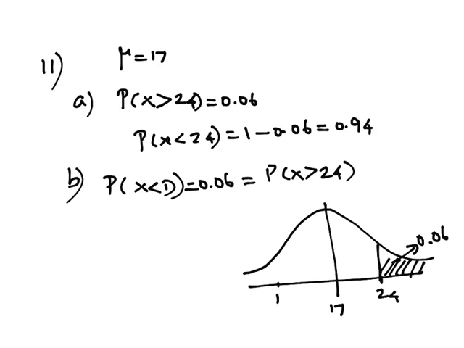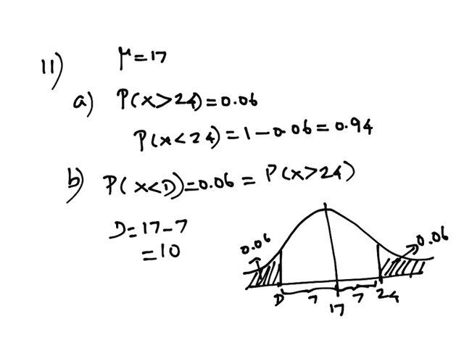Now d should be on the left hand side. This area is also 0.06. So using the property of symmetry, this distance is 7, so definitely this distance should also be 7. So it is quite easy to note that d is nothing but 17 minus 7, which is 10. So the value of d is 10.